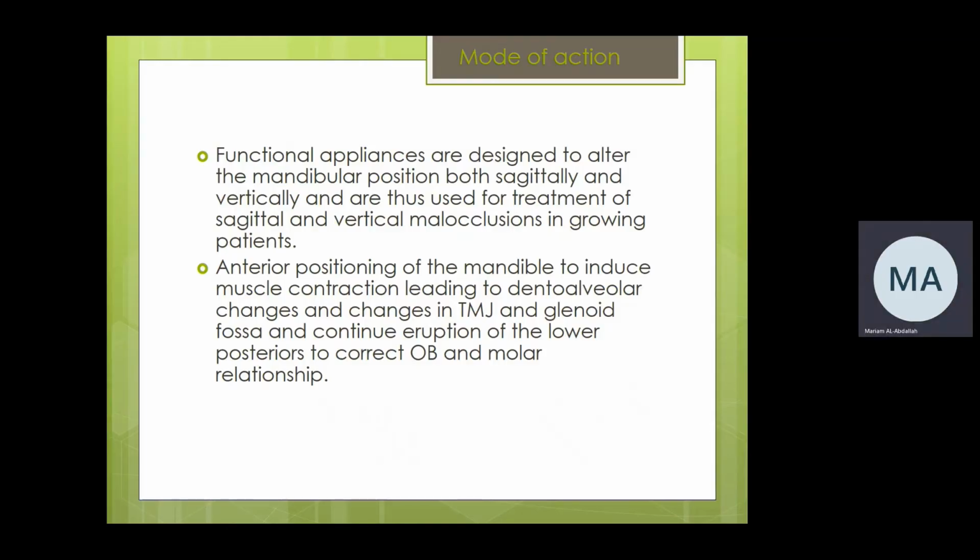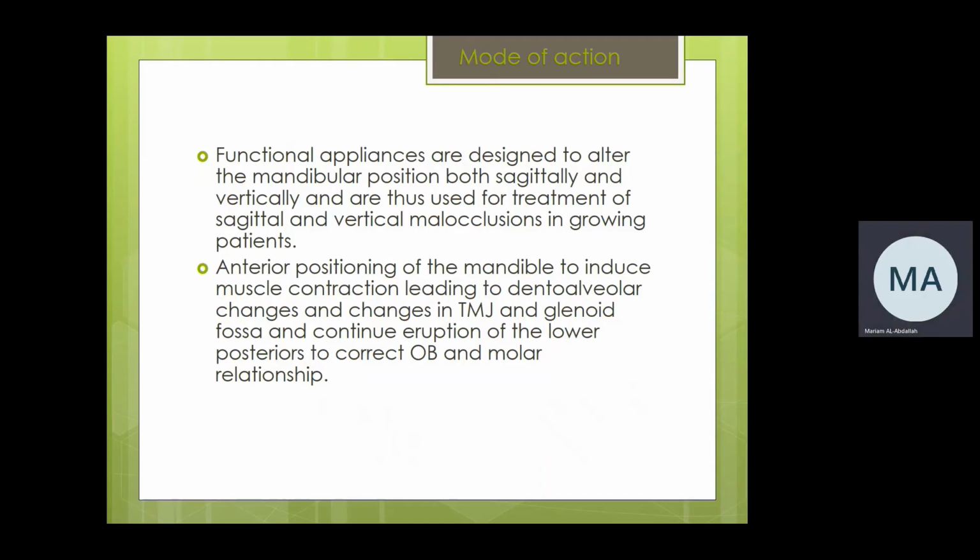The functional appliances, as we said, regardless of type, the main principle of action is to bring the mandible forward, and it should modify growth of the mandible, mainly in the sagittal plane and sometimes in the vertical plane as well, if you're careful about the selection of the appliance and its modification.